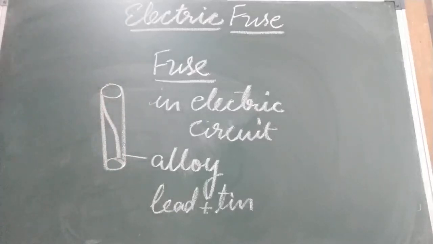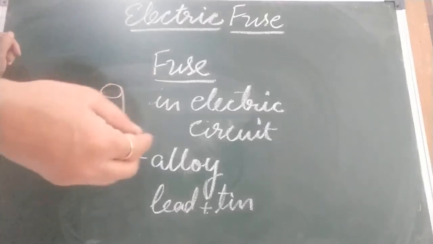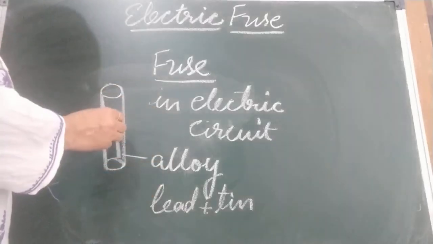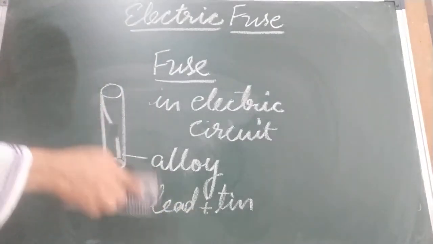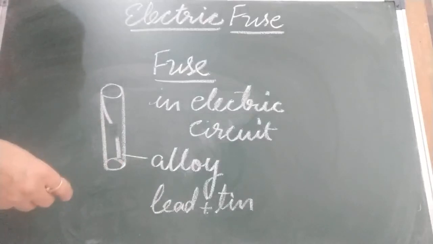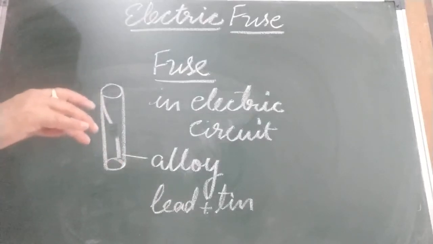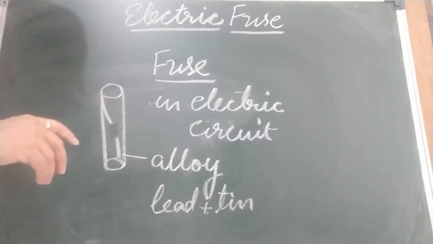This alloy does not resist the heat. It melts easily. On little heating, it melts. And when it melts, it breaks, and disconnection takes place, the circuit breaks and the current stops. Okay, it is not flowing. So this is the work of a fuse.